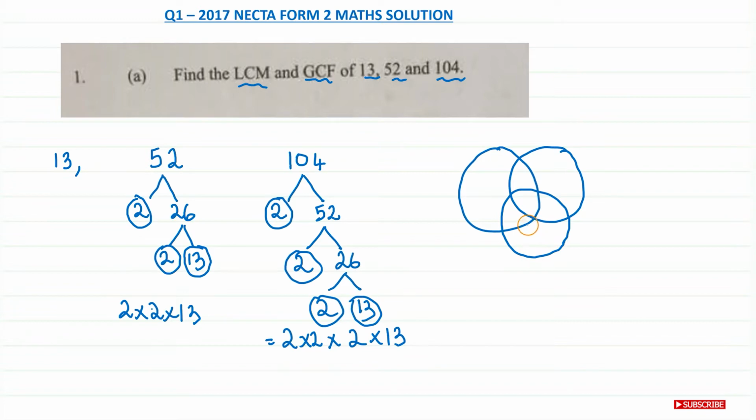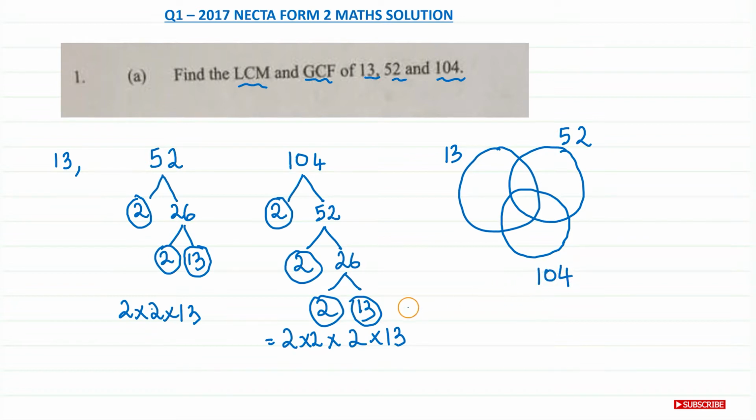The reason for these three circles is because we have three numbers. I'm going to call this circle 13, this one 52, and this circle represents 104.